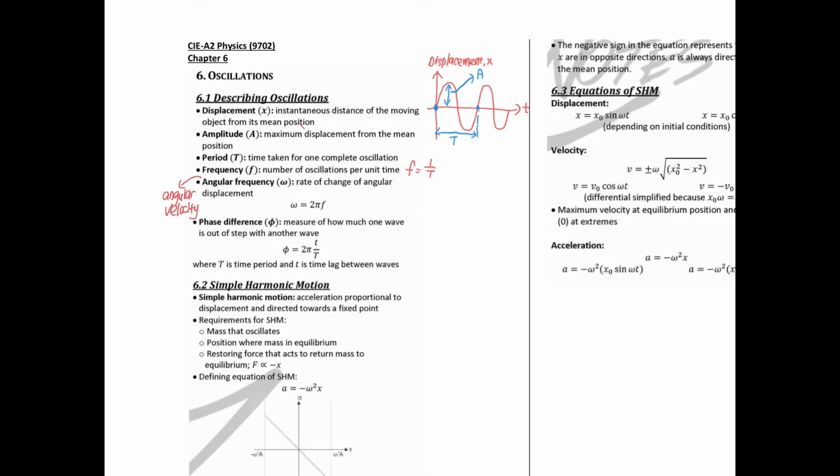The unit is radian per second. So over here, this is oscillation using angular frequency to represent angular velocity. It is the same thing, it is how much radian in 1 second. How much angle in radians that has been done in 1 second.